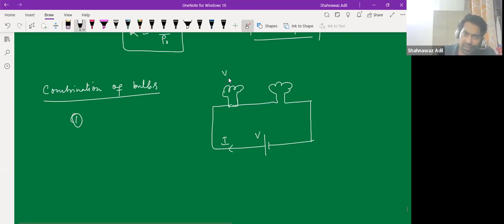If these bulbs are similar, the voltage rating would be similar. So it has a rating V naught, it has a rating V naught, a power rating P naught 1, and a power rating P naught 2. So it will have a resistance R1 and a resistance R2, right? So R equivalent would be R1 plus R2, because this is connected in series.